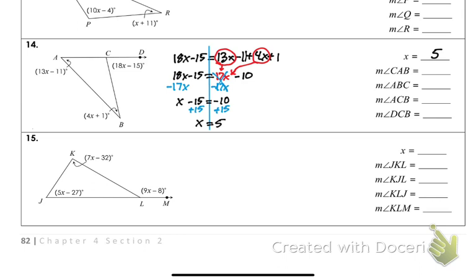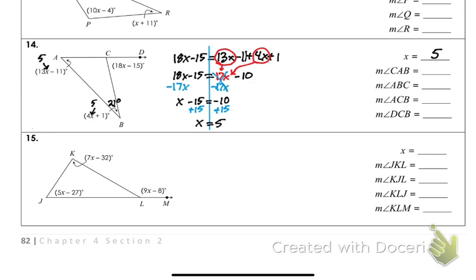So for every one of these x's you see, you're going to replace it with 5. So instead of 4x plus 1, I have 4 times 5 plus 1. Well, 4 times 5 is 20, plus 1 is 21 degrees. Instead of 13x minus 11, we'll have 13 times 5 minus 11. Well, 13 times 5 is 65.